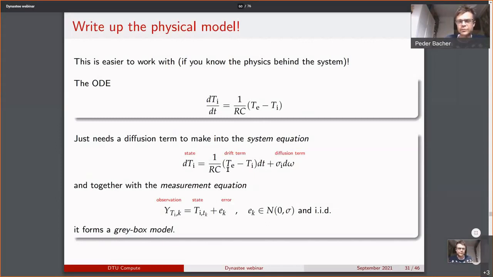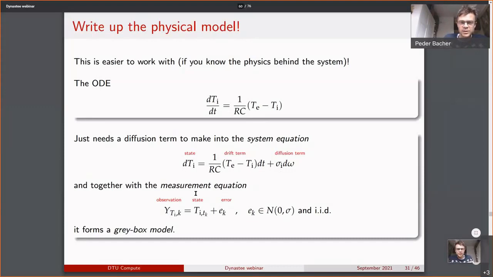So it's just a differential equation. We put it directly here, and then we say there's a diffusion term. It's just some coefficient times this Brownian motion, which we will estimate. We do understand something from it, but not that much in the beginning. Let's just introduce it like that.